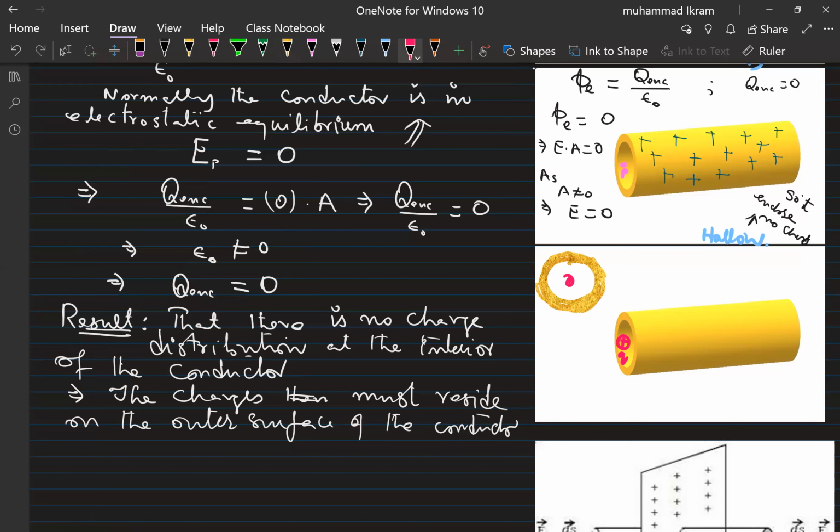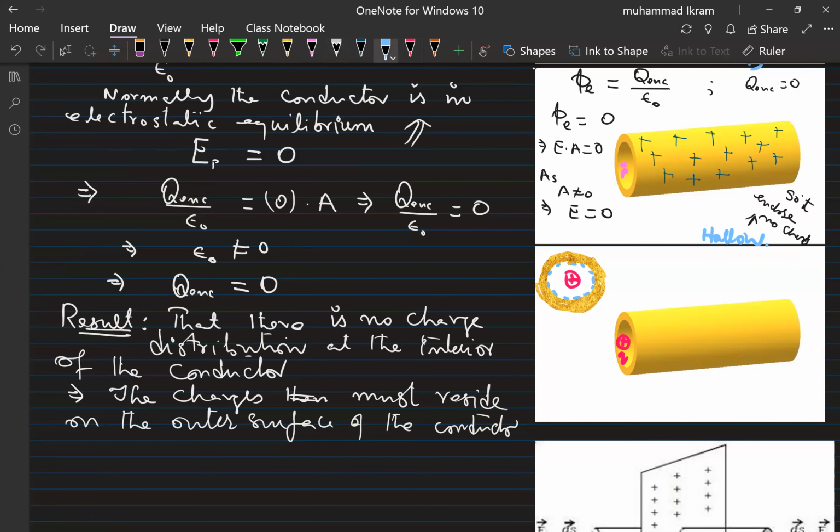Then what happened? Because of electrostatic induction, all the negative charge will accumulate here, right?